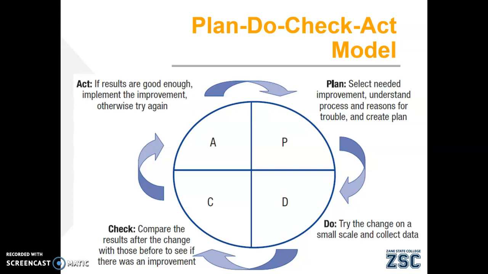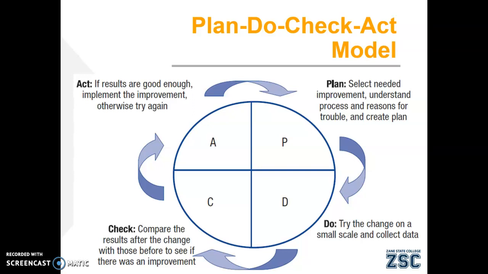The PDCA model stands for Plan, Do, Check, and Act. So you need to plan how you're going to improve a process, and then do that. Execute the plan, and collect data. See how did your plan work? Did you, in fact, make an improvement or not?